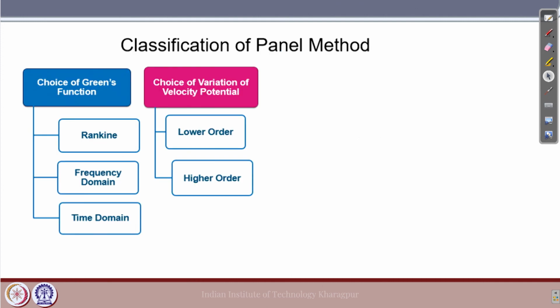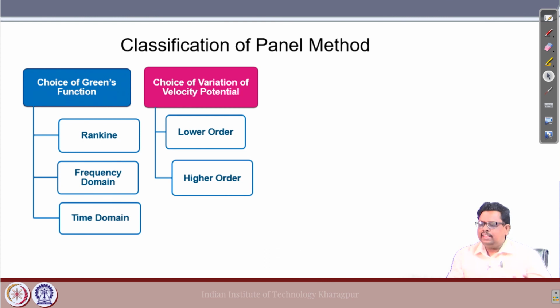Okay. Now as I mentioned, the classification of the panel method can be divided into two parts. The second part we understand: what is called the lower order panel method and what is called the higher order panel method. And then the right hand side is basically based on your choice of the Green's function. As I said, we can take many types of Green's function to solve the same problem.